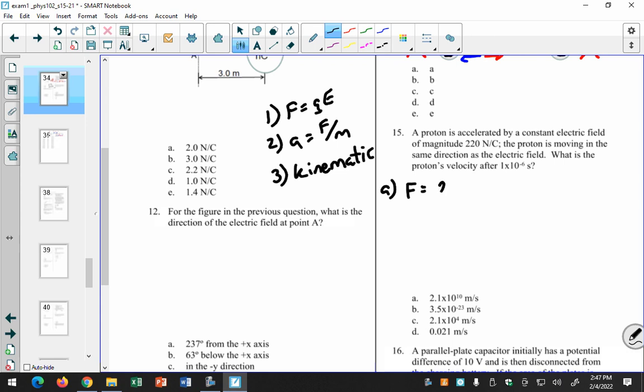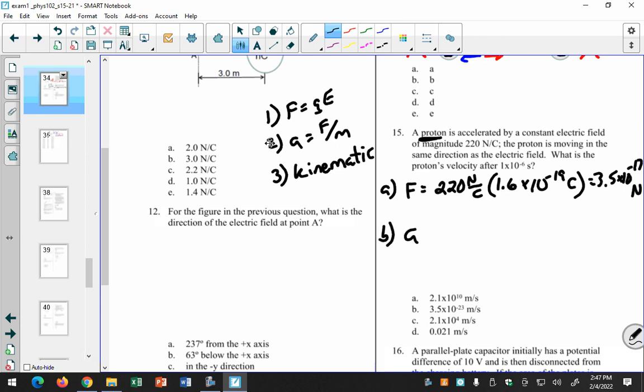F equals 220 newtons per coulomb times Q. Oh, this is a proton, so that's 1.6 times 10 to the minus 19 coulombs. That's 3.5 times 10 to the minus 17 newtons. So that's my force.